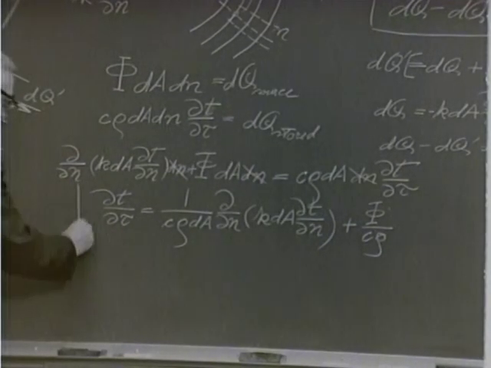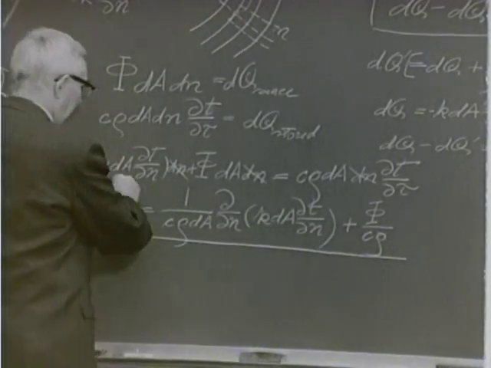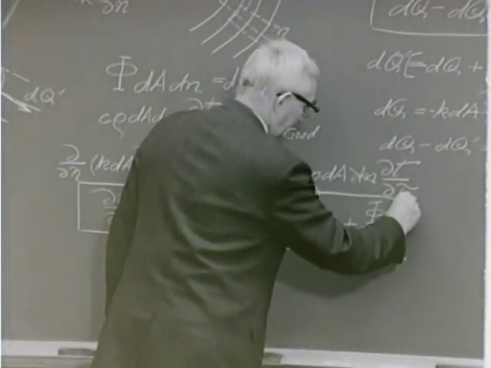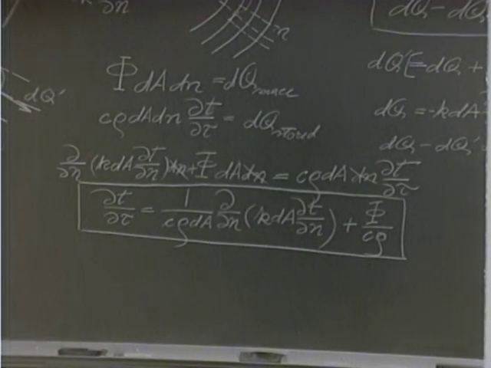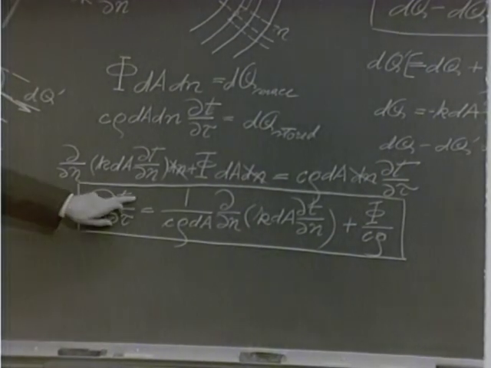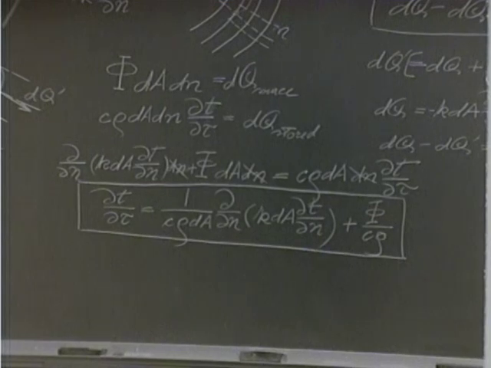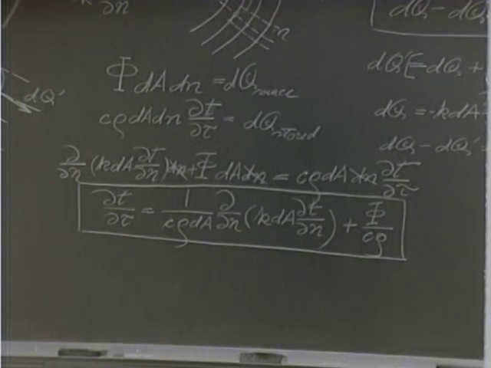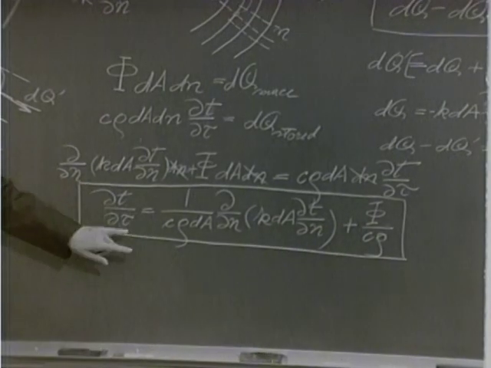And this then is an equation which I can use to calculate a temperature field, and we will do this very soon for some specific simple geometries which occur quite often in nature, so that we would like to know the situation explicitly.